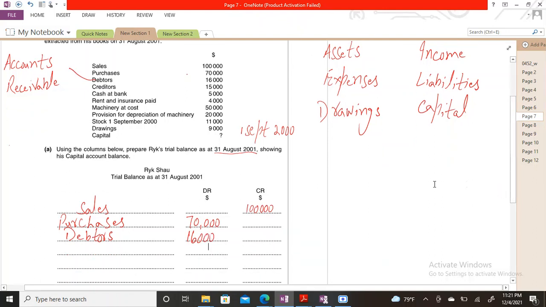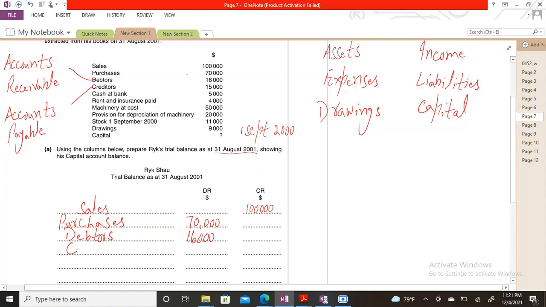Then we have creditors. Creditors, another name is accounts payable. The business has bought goods on credit and the amount is not paid yet. So goods bought on credit from credit suppliers.